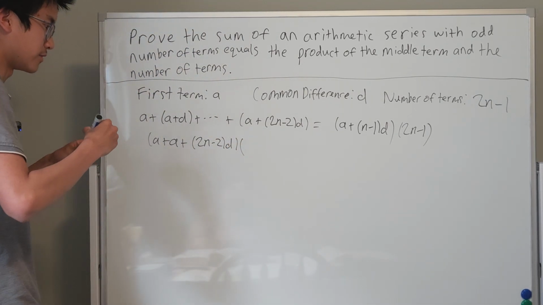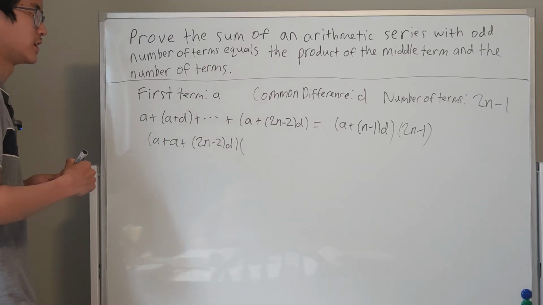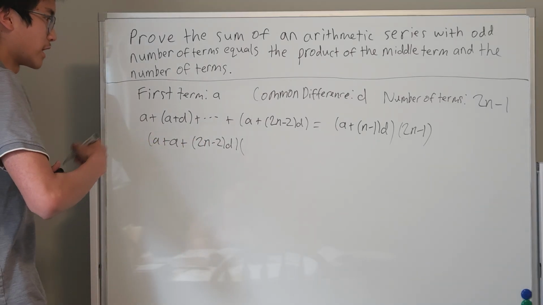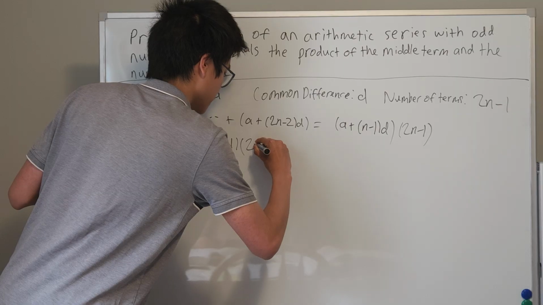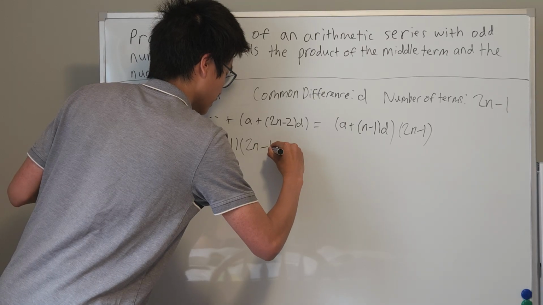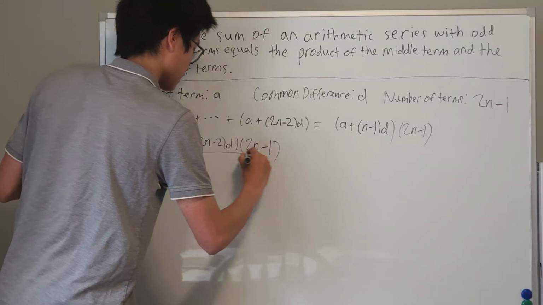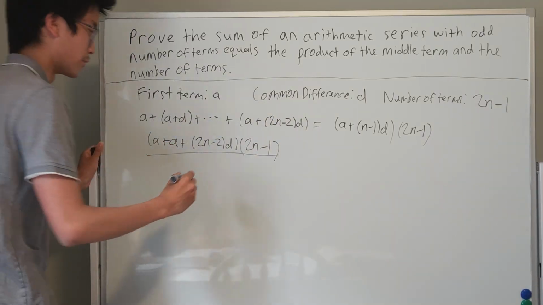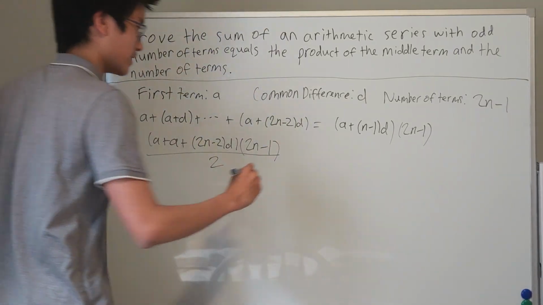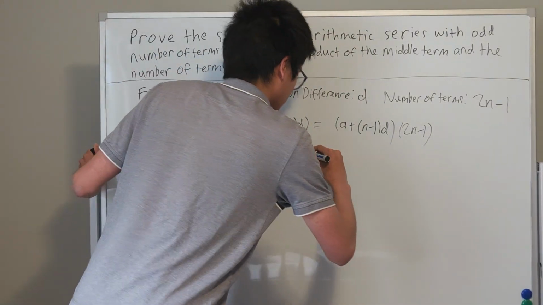And how many of these quantities do we have? Originally we had 2n minus 1 terms. However, because we pair these up, we have to divide by 2 on this side, and this side will remain unchanged.